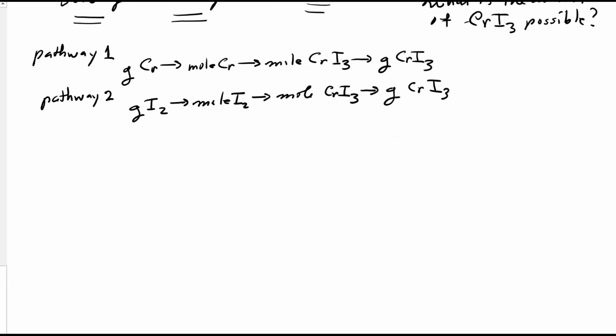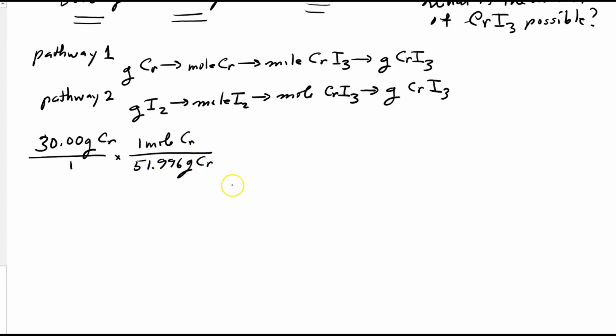So let's start. I say we have 30.00 grams of chromium. That's over 1. And it turns out that 1 mole of chromium is actually 51.996 grams of chromium. That's off the periodic table.